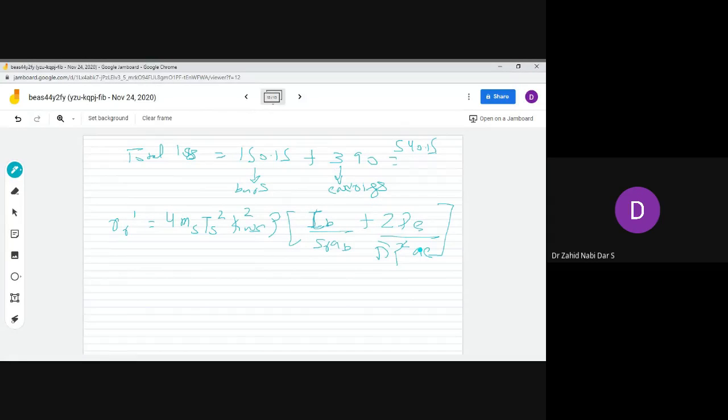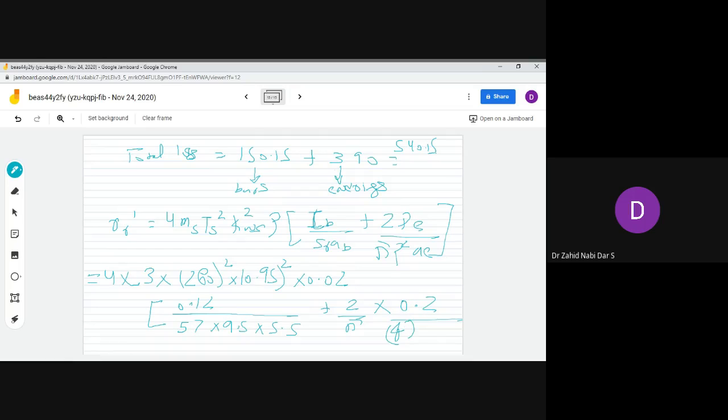So here you can substitute, that is 4 into ms is 3, TS value we calculated 280 whole square, KWS value is given, 0.95 whole square, rho value is given 0.02, 0.1257 into 9.5 into 5.5, this is the area, plus 2 pi into DE value is given 0.2, number of poles are 4 square into AE value is 76.